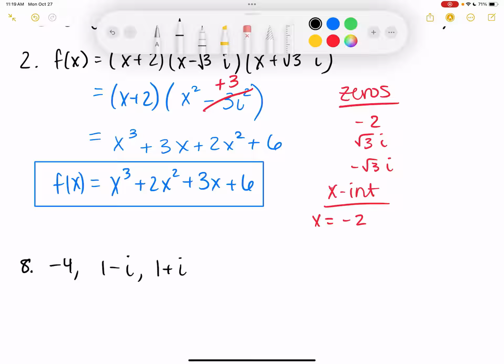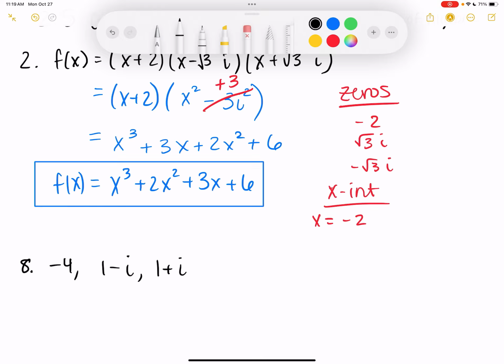So because we have 1 minus i, we also have 1 plus i. In this particular problem, they give you both of them. However, in some of them, like number 10 and number 12, they don't list both of them, so you have to know that you need to add them in to get to your right answer. Sometimes they tell you, sometimes they don't.